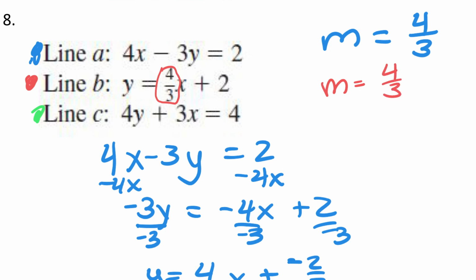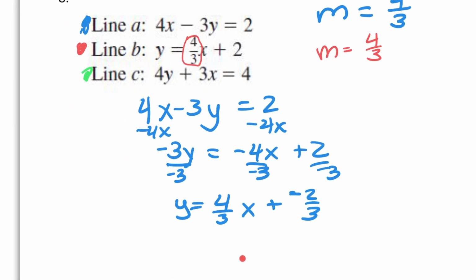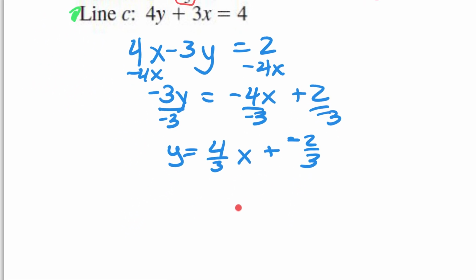So now for the green line, for line C, I have to do the exact same thing as I did with the blue line. So I'm going to go back over here and I'm going to get 4y plus 3x is equal to 4. I'm going to subtract 3x.